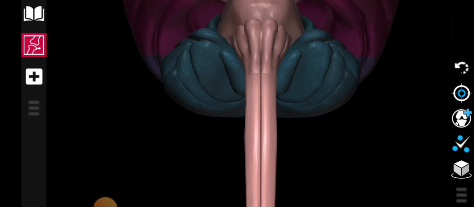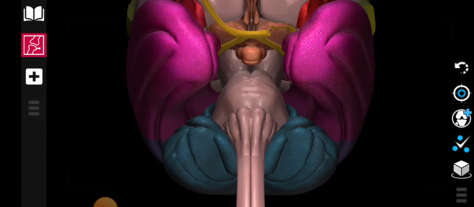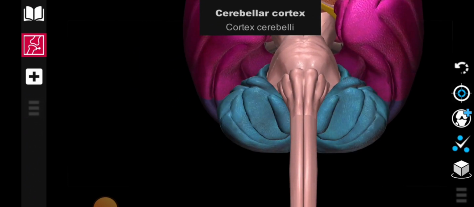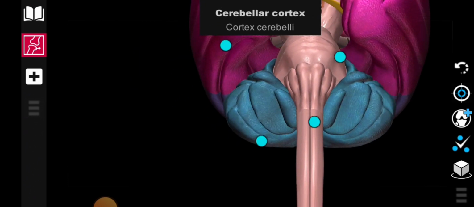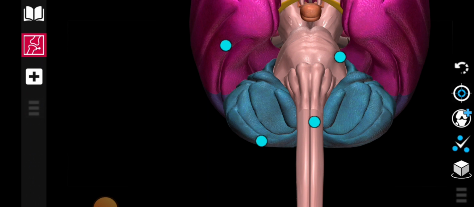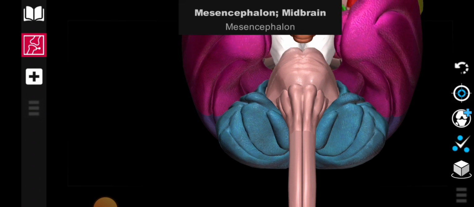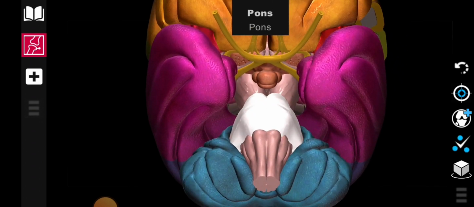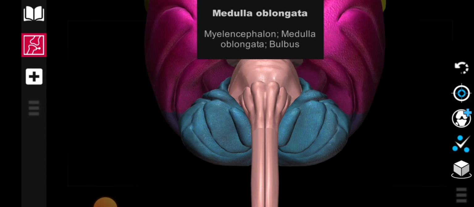On both sides, posteriorly, these are the left and right cerebellar cortex, or you would say the cerebellum lies posterior to the brainstem, that includes the midbrain, the pons, and the medulla oblongata, right?